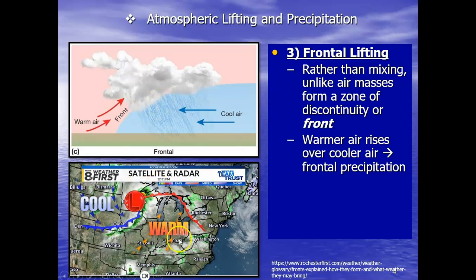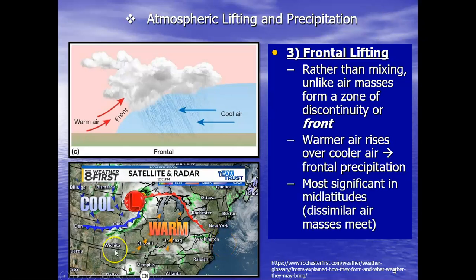And here you see an image of this. You might be more used to seeing something like this in the news, where you'll have warm air coming up from the south, cold air coming down from the north, and this mid-latitude cyclone I will also explain more in a later video. But there you kind of see it in the real world. What does that look like? And so you might have some more familiarity with it.